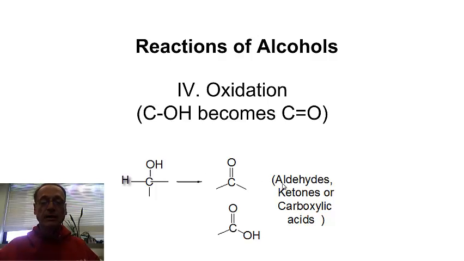And so the products of oxidation are aldehydes and or ketones and or carboxylic acids, and we'll learn more specifically about which of those you get in certain cases when we get to that here in a minute.